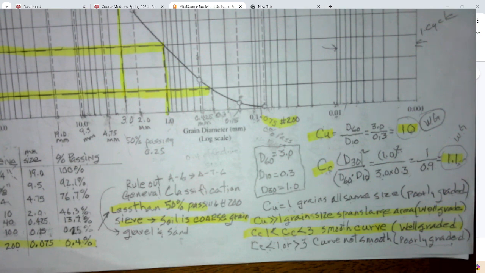We'll find the part about the coefficient of curvature, because it's a little confusing. This right here I know is right: it's poorly graded when the grains are all the same. This right here says the grain size spans a lot of area, so this is well graded. This is poorly graded. I think one of these is wrong. I'm not sure, but I will double check that.